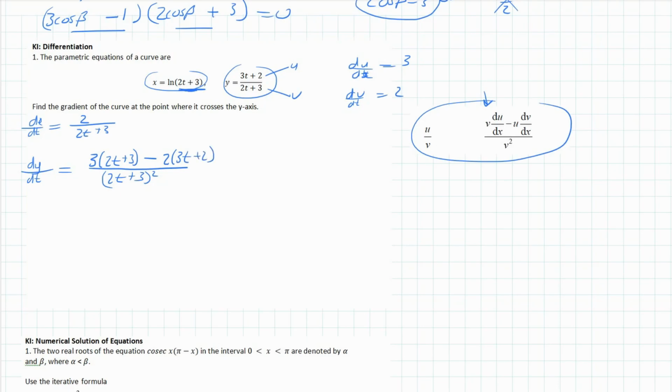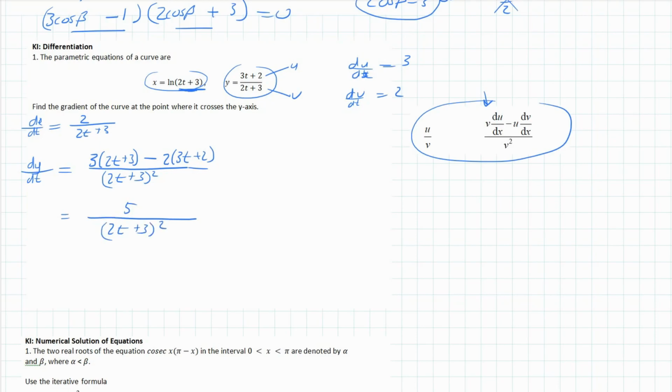Okay, so I've just followed the quotient rule, and obviously we can simplify that. The t's are going to cancel out there, aren't they? So we're just left with 9 take away 4, which is 5, over 2t plus 3 all squared.